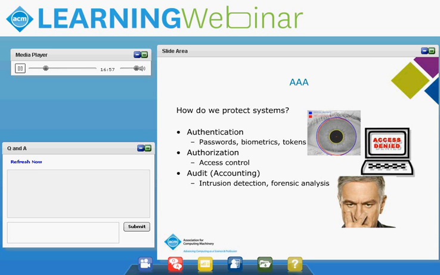Not only do you have to protect the information, but you have to be able to show that you've protected the information, or in the cases that you haven't, that something has happened, you need to be able to go back to the logs and determine what happened for forensic analysis and for intrusion detection. And the ultimate goal for all of this is accountability. You want to be able to say who has done what, when, and if they were actually allowed to do that.